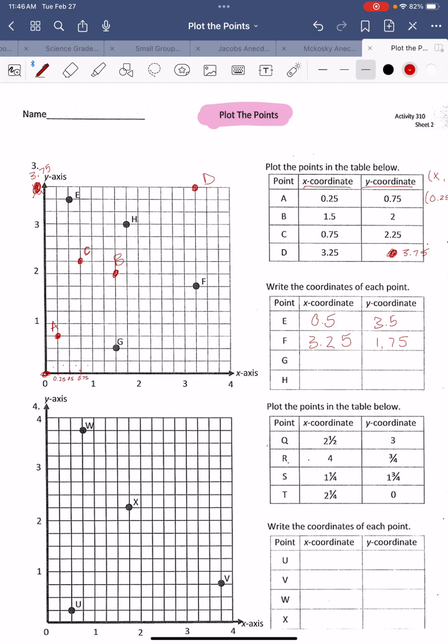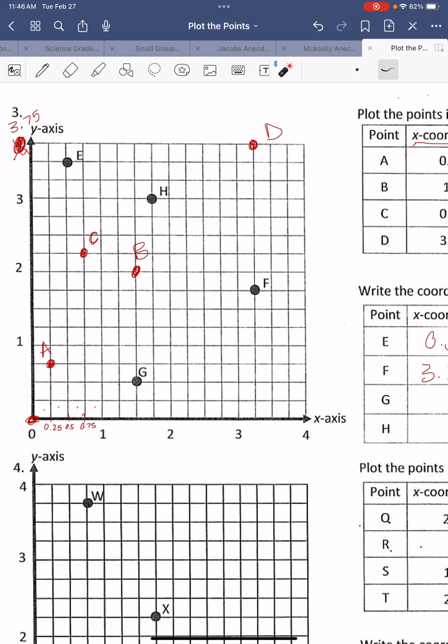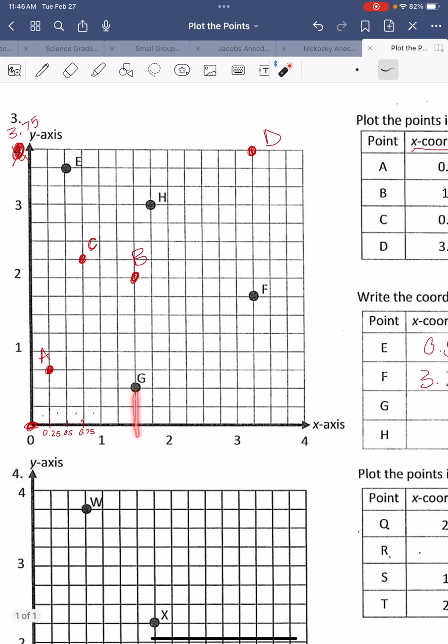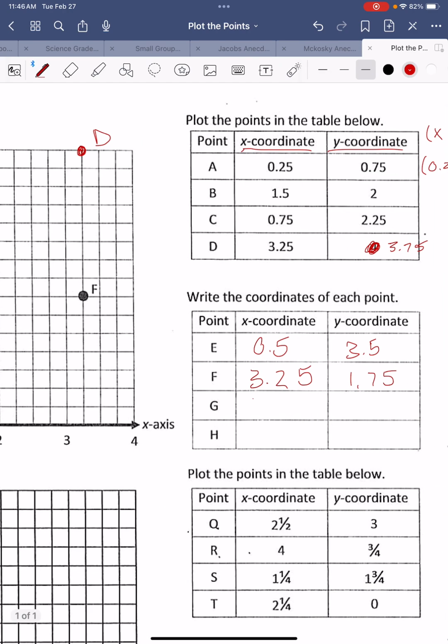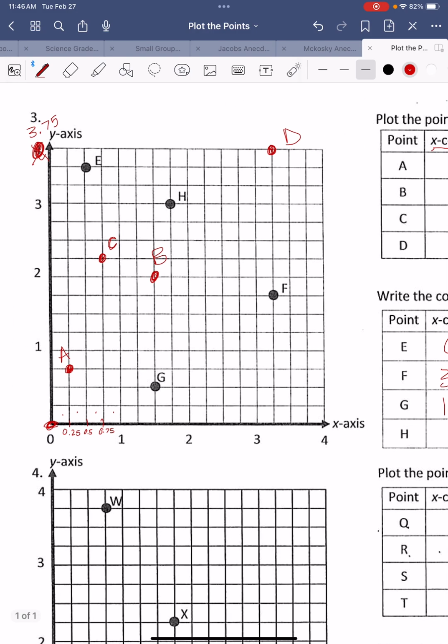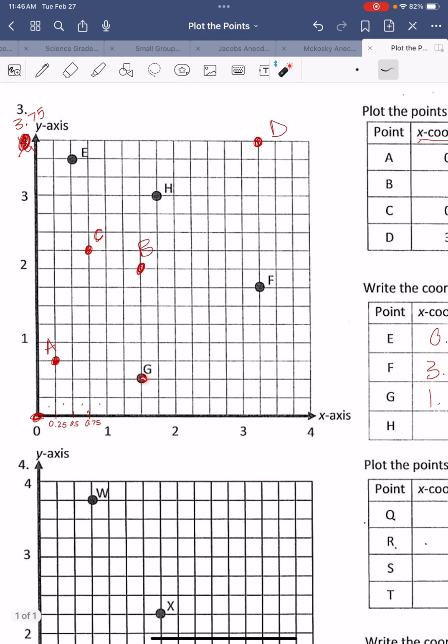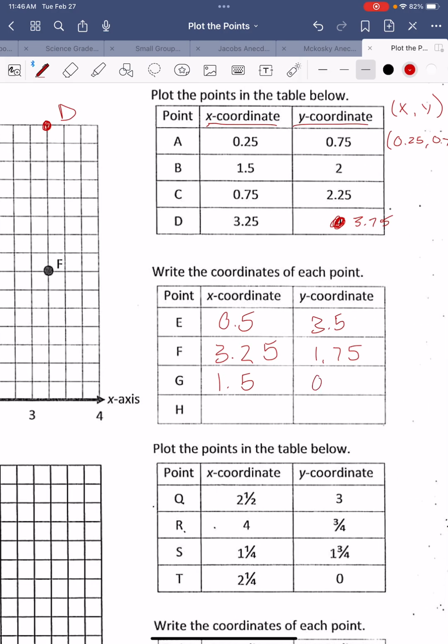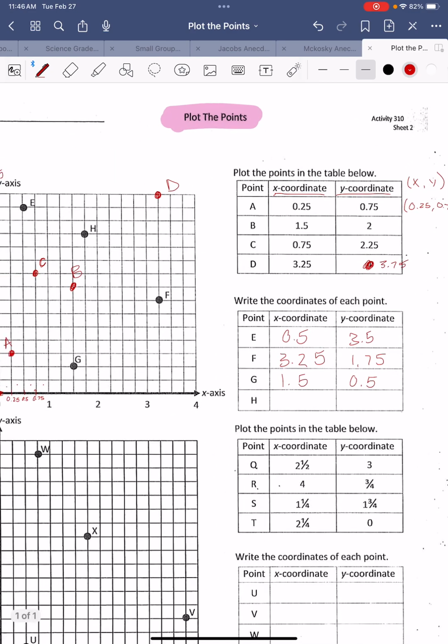Okay, next up I've got G. I'm going to put my pen or pencil on G, drag down. That's 1 and 5/10. Going to go over to my table and jot that down. Then I've got my Y coordinate for G, which is just 0 and 5/10. Perfect. Okay.